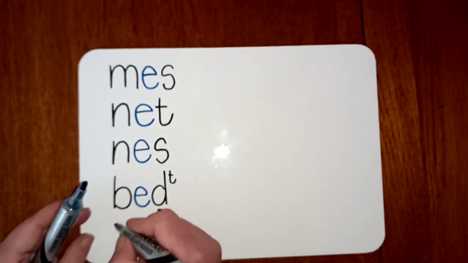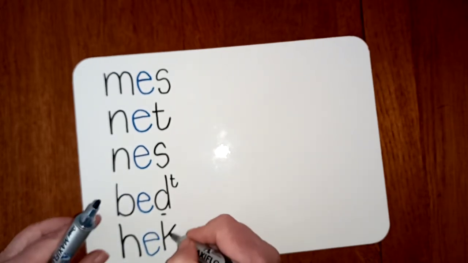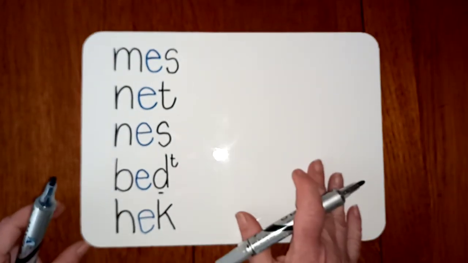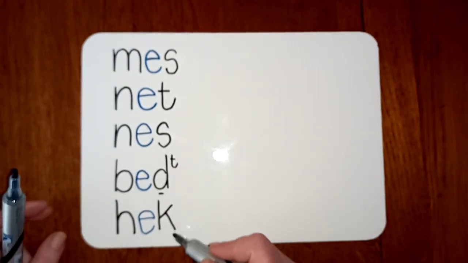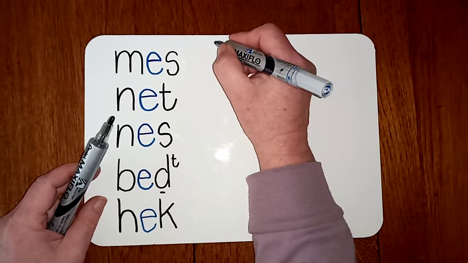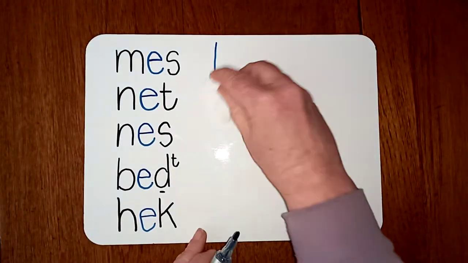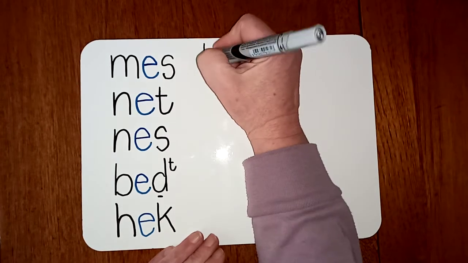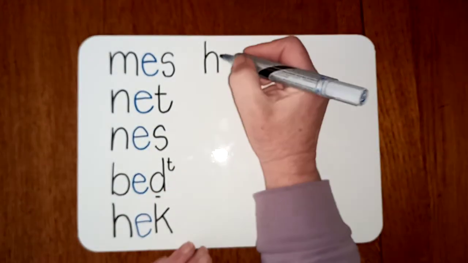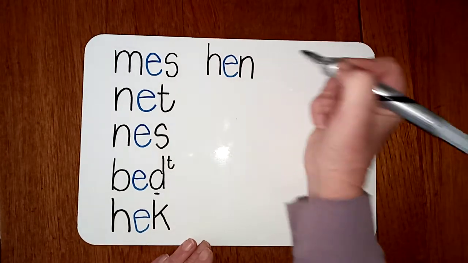And then we had hek. Can you remember what hek was? Correct. Hek was the garden gate. Hek. Right. Then we had hen. Oh, I used the wrong colour. And I can't find my duster, so I'm using a tissue. Let's have a look. So hen. And hen is the same as English.